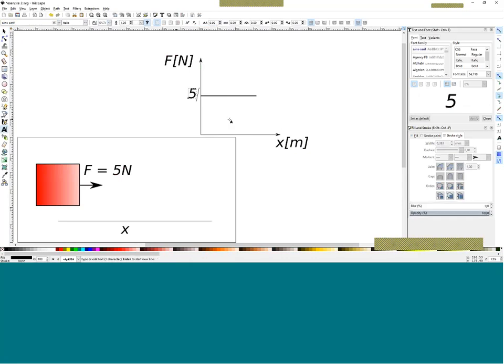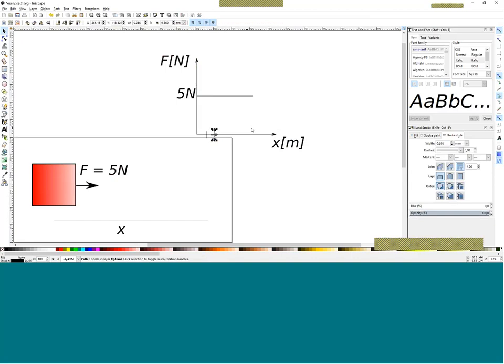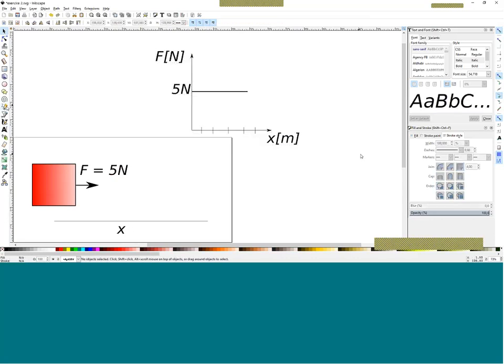So if I have a force of, and this is of course the force I was talking about earlier, let's graph our diagrams over here. Of course, not perfect, I know, but it's what we do for now.